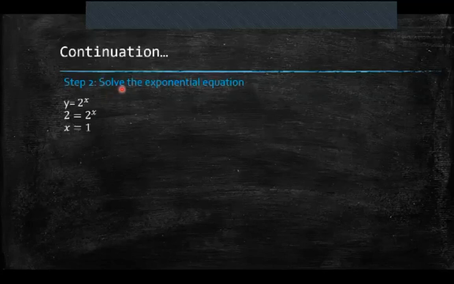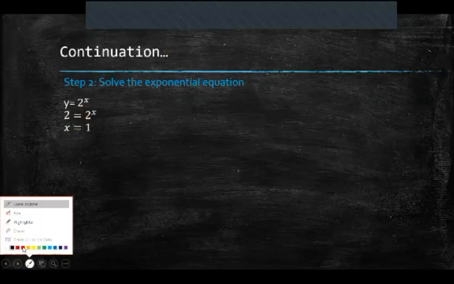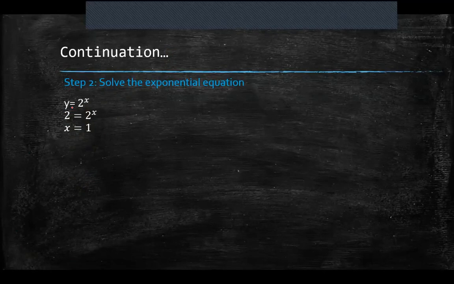And remember, when solving exponential equations, I must have the same base, and then, only then, can I equate the indices. So 2 is the same as saying 2 to the power of 1, and then we have 2 to the power of x. Bases are the same, so that means that x has to be equal to 1. And that's how we do that.